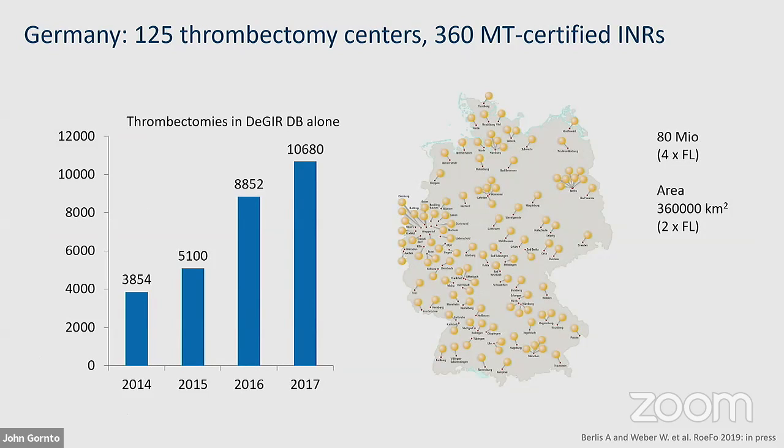Germany has approximately 80 million inhabitants, so it's 4 times Florida, but the area is only 2 times Florida, so it's densely populated. We did about 11,000 thrombectomies in 2017 within the German registry alone, so you can add at least 2,000 to 3,000 more. That's a very good approximation.